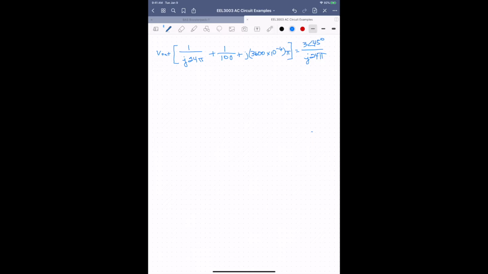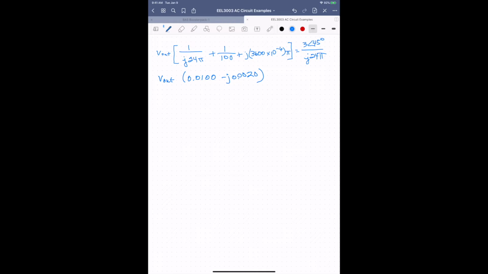So as I go along, let's figure out all these parts. The first thing I'm going to do is, using my calculator, or in my case I'm using MATLAB, compute all these values. The intermediate value will be 0.0100 minus J 0.0020.